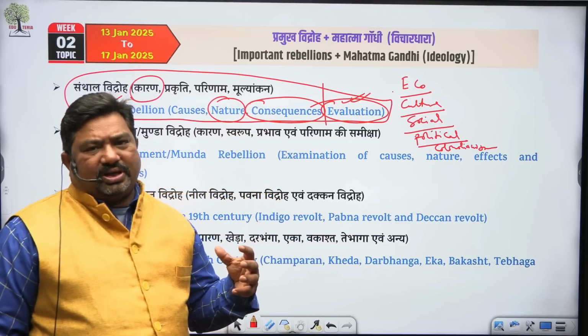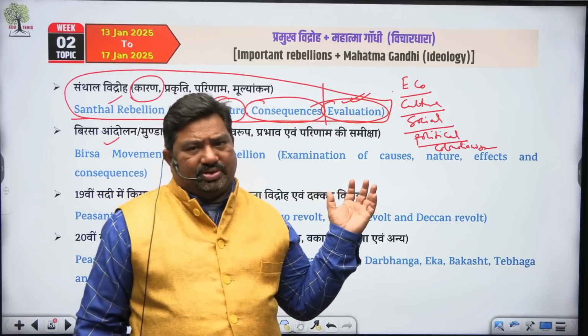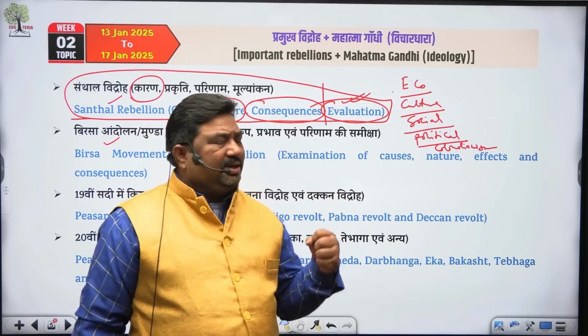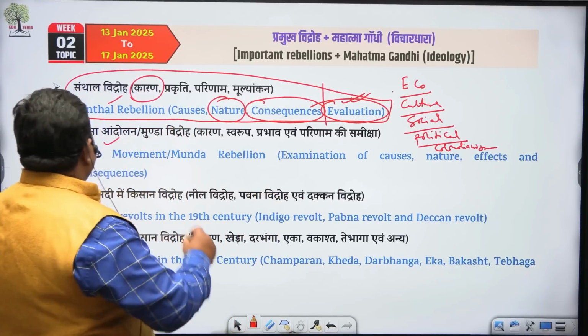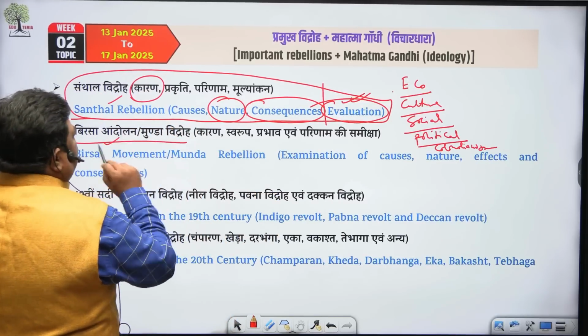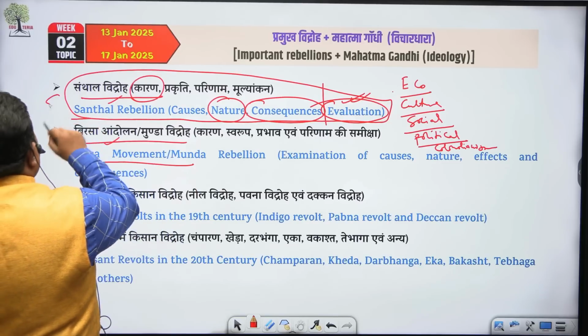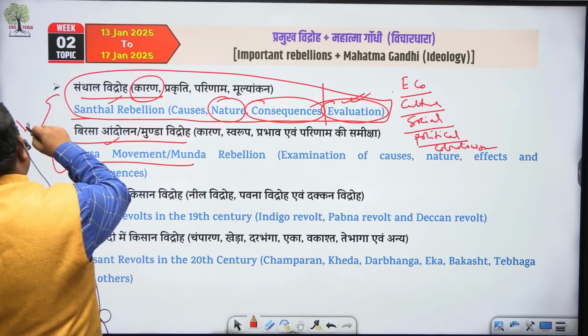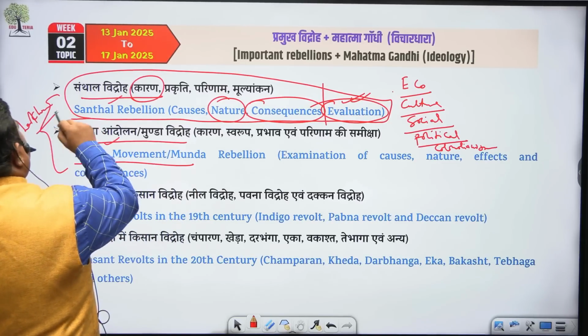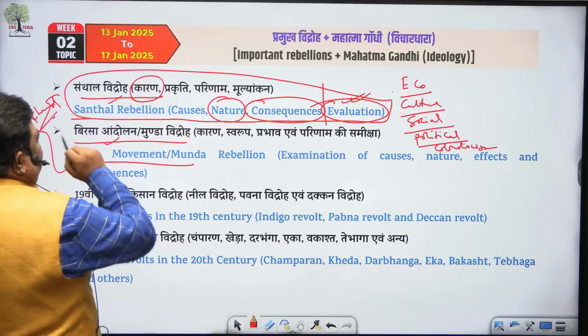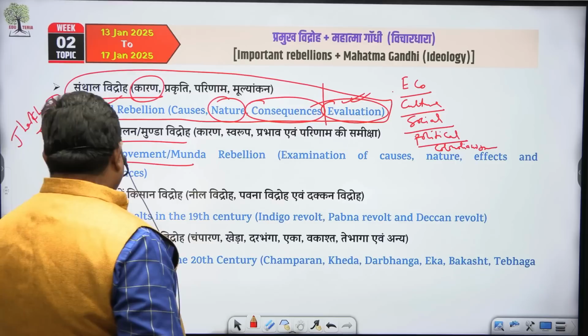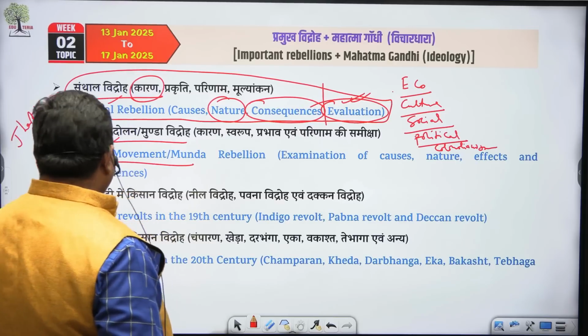We need to delve deeper into this question. This is a moot question, and that is why they are asking, because the Santhal revolt and the Munda revolt both happened in the Jharkhand region. One happened in the Rajmahal area and one in Ranchi and nearby areas, but both in Jharkhand.